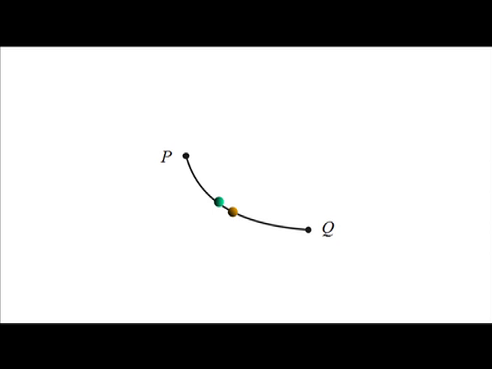In Greek language, the word Tautochrone has the meaning equal time. The Tautochrone problem is to find the shape of a wire from P to Q such that two beads started at any points on the wire between P and Q reach Q in the same amount of time. The solution to this problem is also an inverted cycloid.